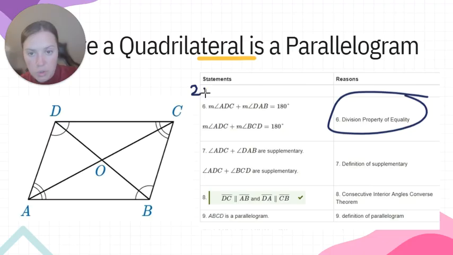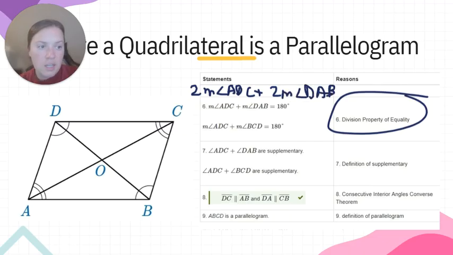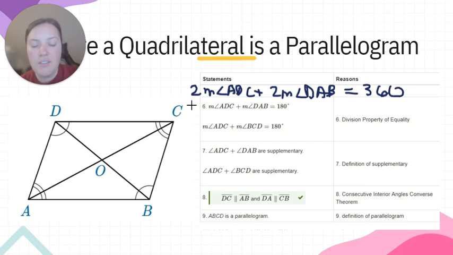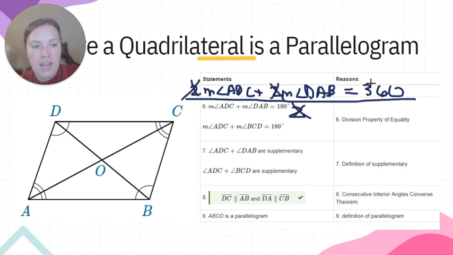Originally we had 2 times the measure of angle ADC plus 2 times the measure of angle DAB is equal to 360. Well, all of these have the value 2 in them. We can take a 2 out of them. So if we divide the whole thing by 2, it gets rid of our 2's in front, and then 360 divided by 2 becomes 180.